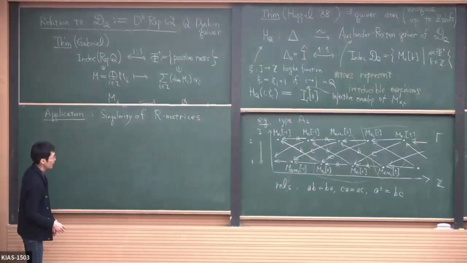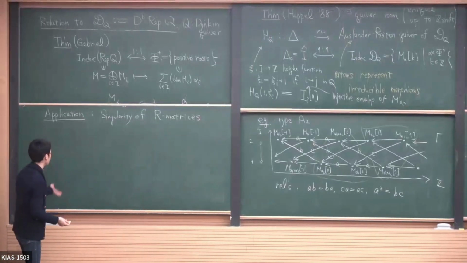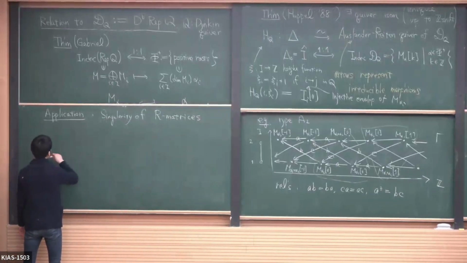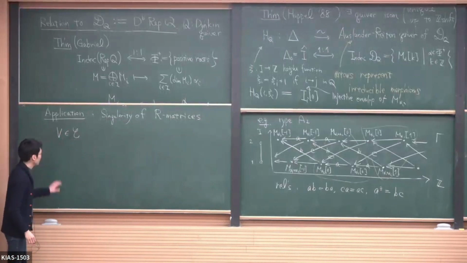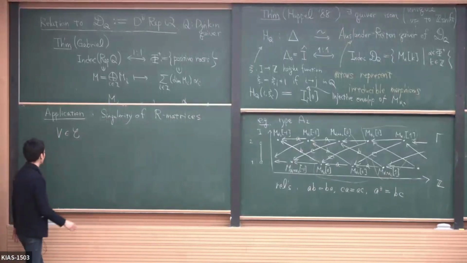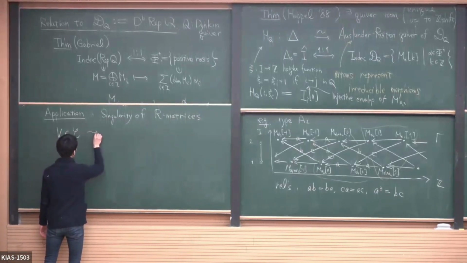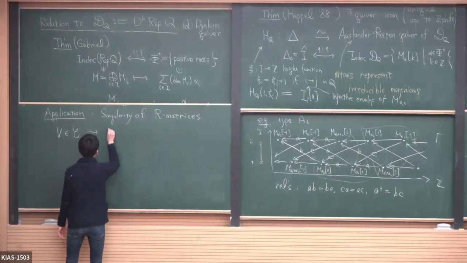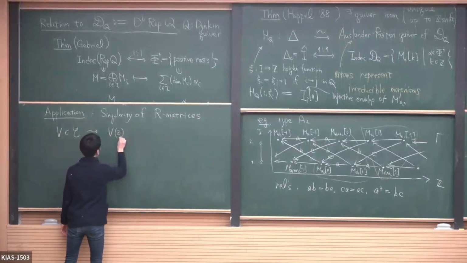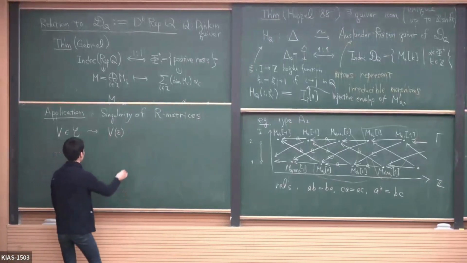So first I need to explain what is R matrix in this context. So for any finite dimensional representation V of quantum loop algebra, we can define its formal spectral parameter shift denoted by V(Z).